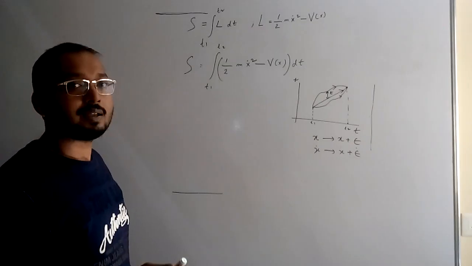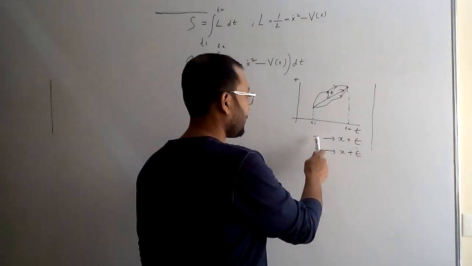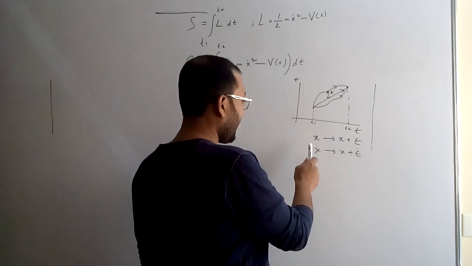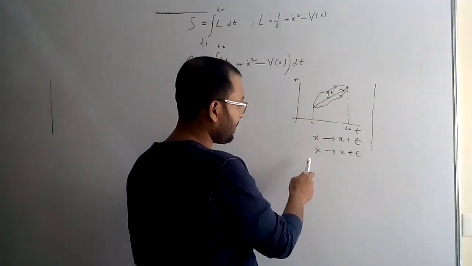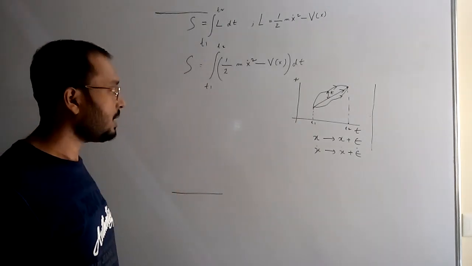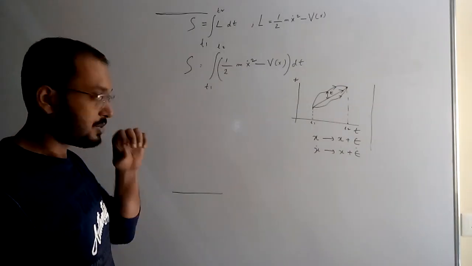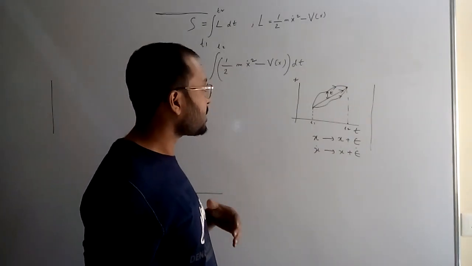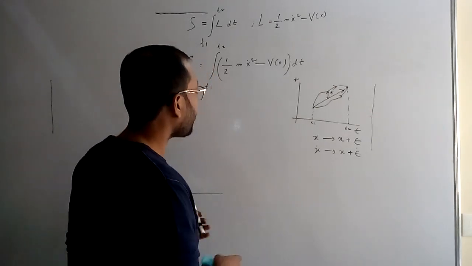Therefore, for my wrong path, x goes to x plus epsilon, and the derivative of x with respect to time, x dot, goes to x dot plus epsilon dot. So there's, I'm sorry, there's a certain shift of coordinates.